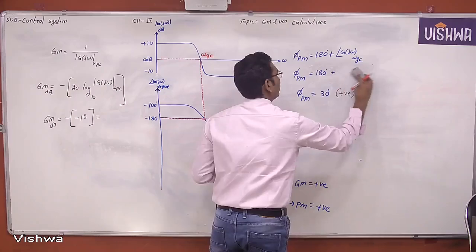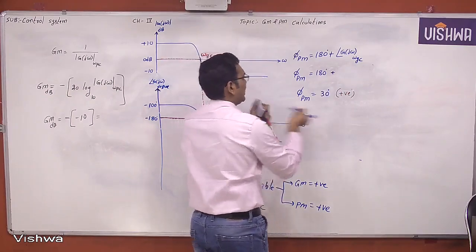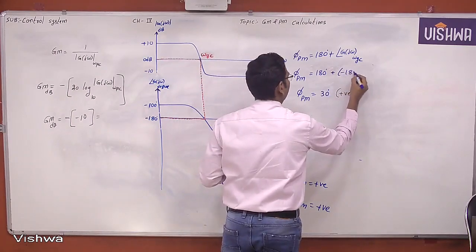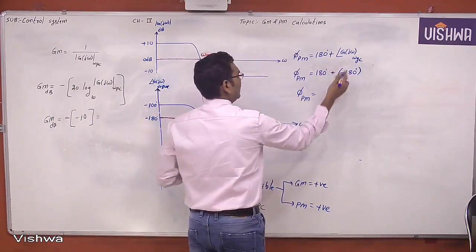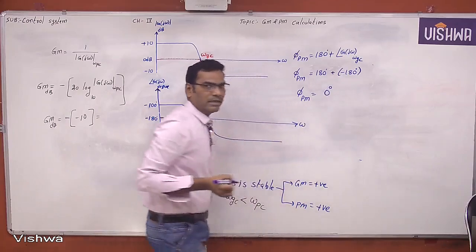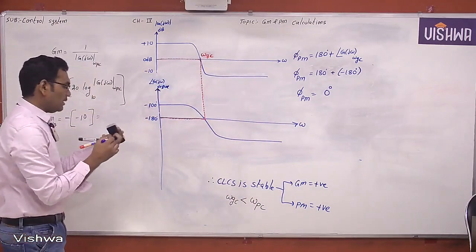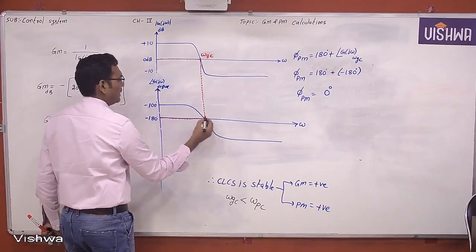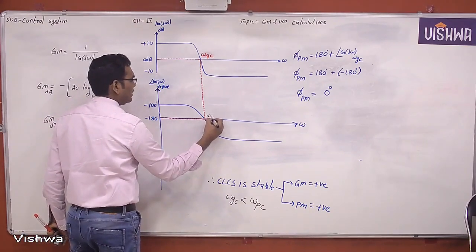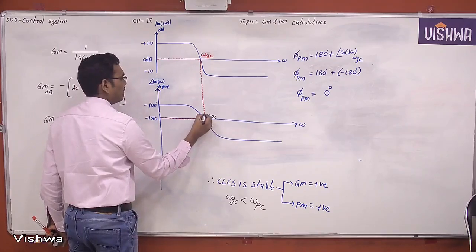At the gain crossover frequency, the phase angle is exactly minus 180 degrees. Then 180 degrees minus 180 degrees is 0 degrees. Similarly, when the phase angle is equal to minus 180 degrees, this particular frequency is called the phase crossover frequency.